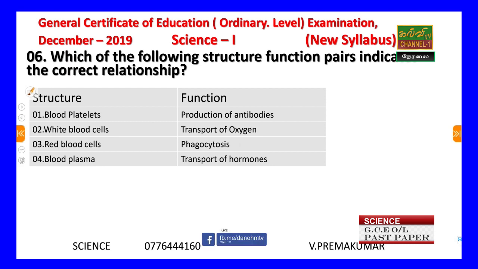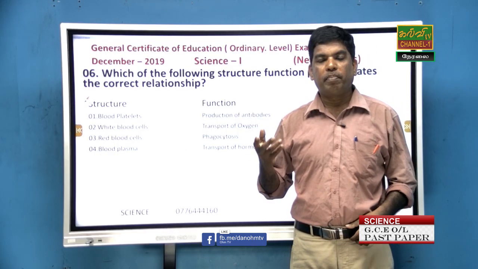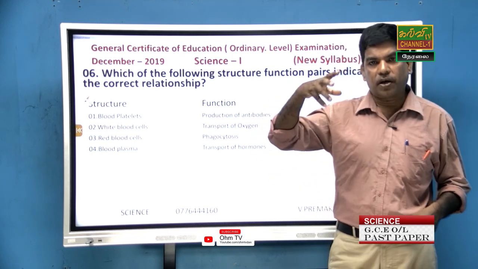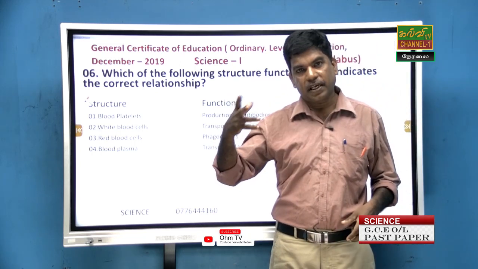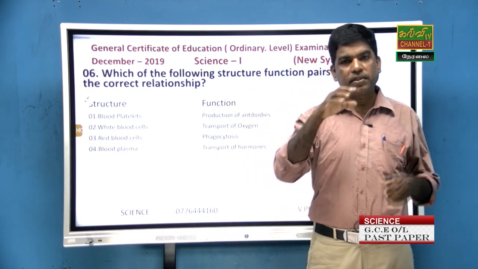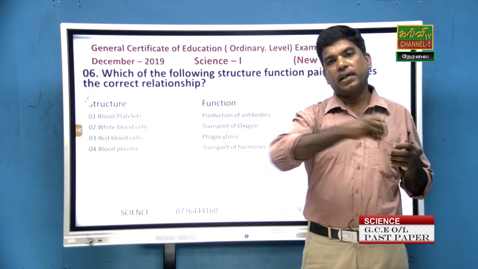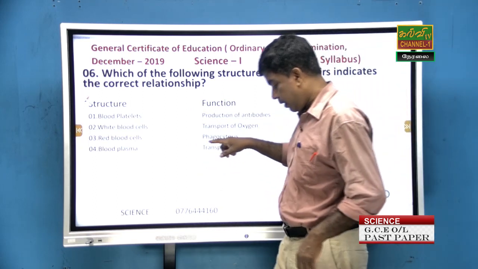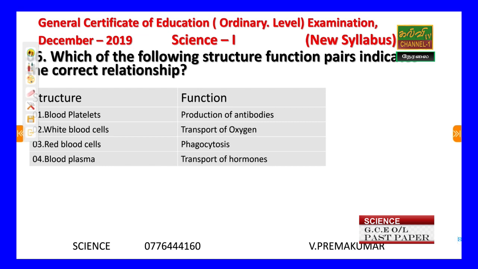Then the fourth one, blood plasma, transport of hormones. Actually, that's okay. So many minerals, hormones and substances are dissolved in the plasma, so it can carry them from one place to another. Therefore the correct answer is the fourth one.